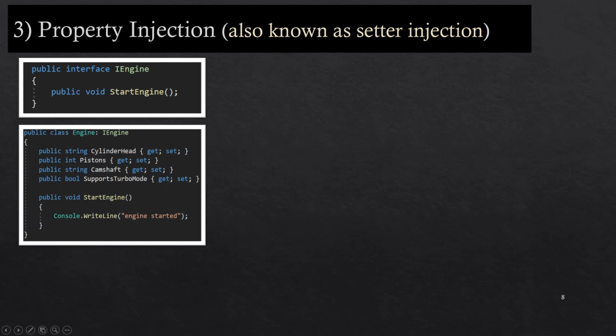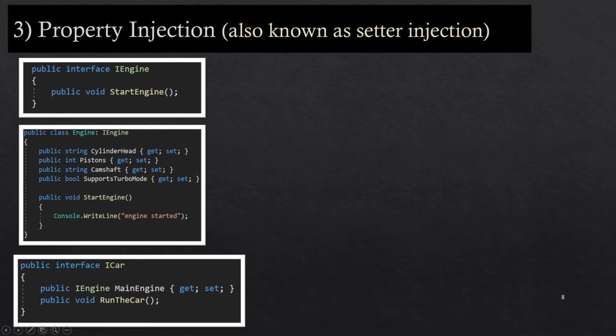Then we have the engine class which inherits from the iEngine, and we have now another interface which is iCar, and this iCar has a main engine and a method which is run the car. And we have this get set because it is a property and we can provide the injection through this setter method.